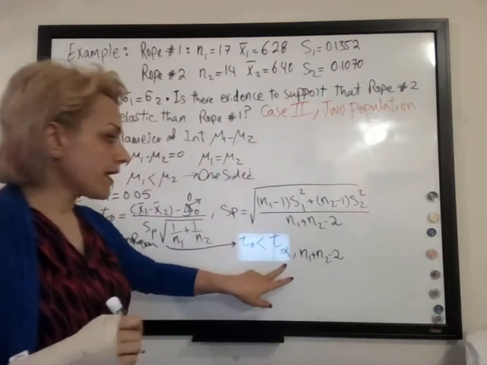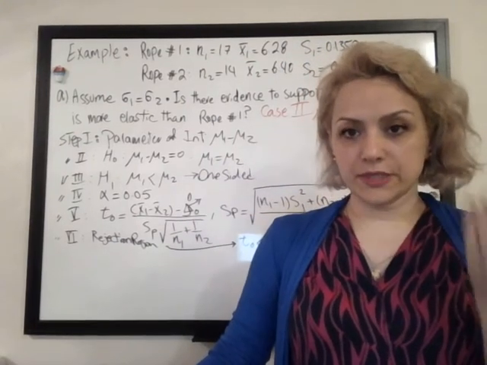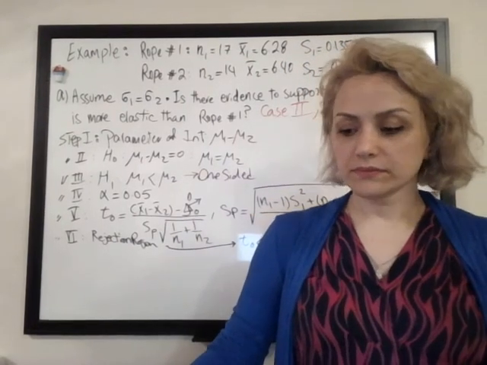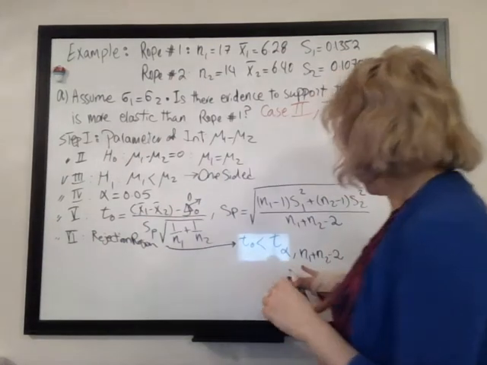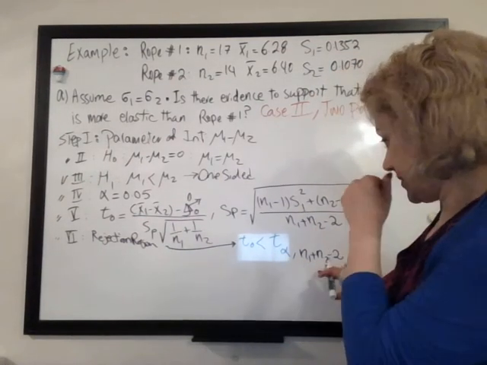With this we can read the t from the table. So T alpha and N1 plus N2 minus 2.